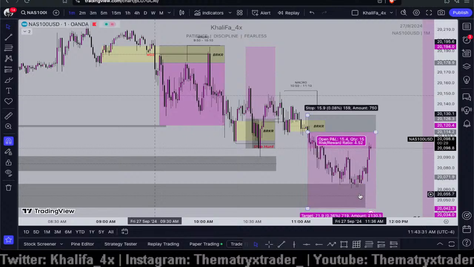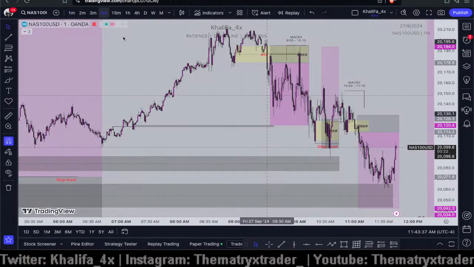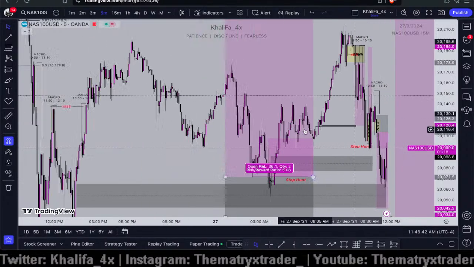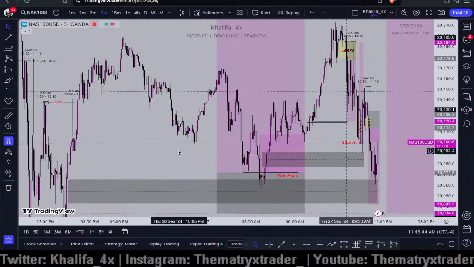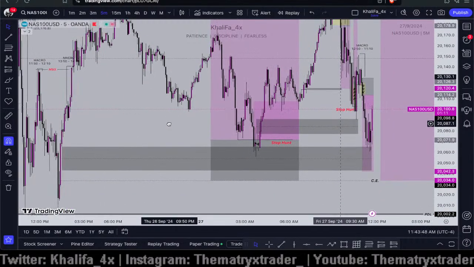Just see, we just tapped into this fair value gap for the what time? 5 minute. Yes, this is our 5 minute time frame fair value gap.